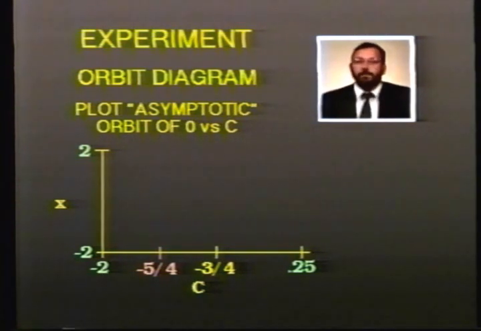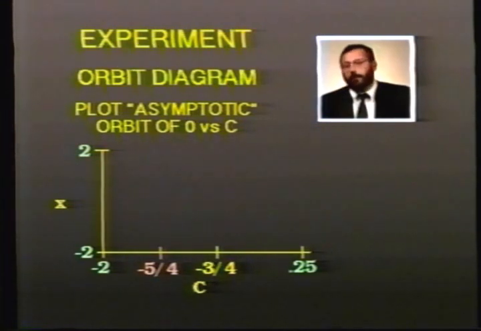I'll plot these c values on the horizontal axis between minus 2 and 0.25, and I'll plot the orbit of 0 on the vertical axis between minus 2 and 2. What the asymptotic orbit means is I'll essentially throw away the first few iterations of the orbit of 0. I'll remove the transients, much as we did with graphical analysis. Why I choose the orbit of 0 I'll explain in a bit.